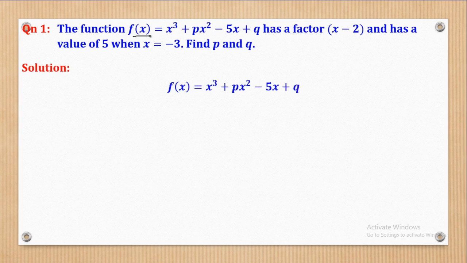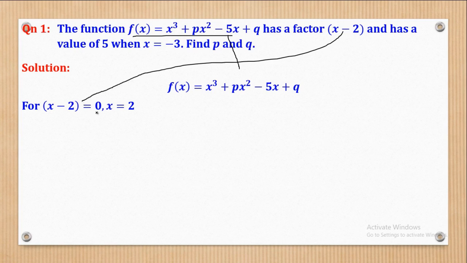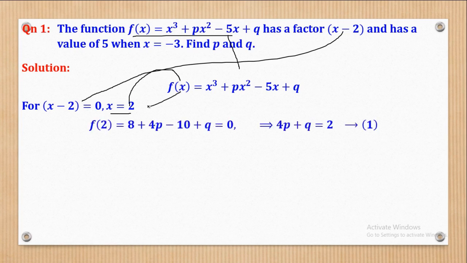So here we shall first write this f(x) which is given, then for this one, when you equate it to 0, you realize that x is equal to 2. So I'll put 2 where there is x. I'll come up with f(2), and here 2 cubed will be that, and this will be that, this will become that. So in the end, when I simplify, I'll come up with equation 1.